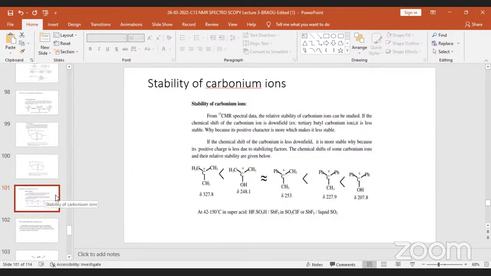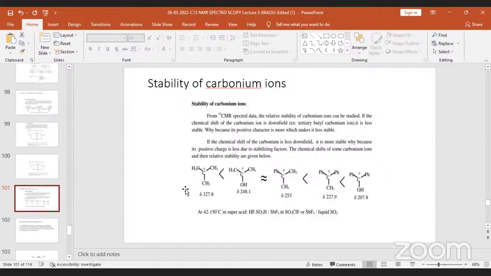So SN1 substitution formation of carbonium ions can be explained. And next, even the stability of carbonium ions can be explained by C13 NMR. For example, different carbonium ions are given here, and their chemical shift values are given. Which one do you think has more positive charge on the carbon?